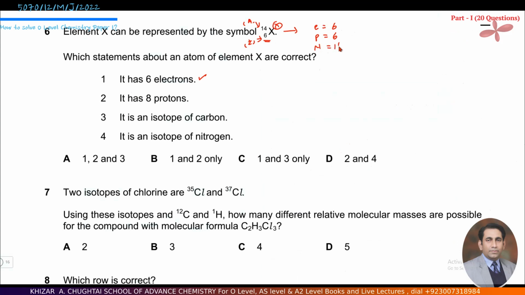Neutrons are equal to the higher number minus the smaller number, that is 8 neutrons. It has 8 protons? No, it's wrong. It has 6 protons. It is an isotope of carbon. Let me check it once again. Isotope of carbon, I'm going to write it over here. Its atomic number should be the sixth one, and its mass number should be different from carbon.